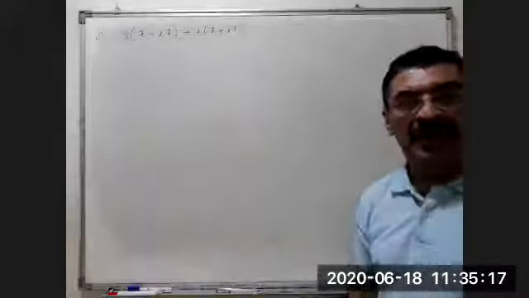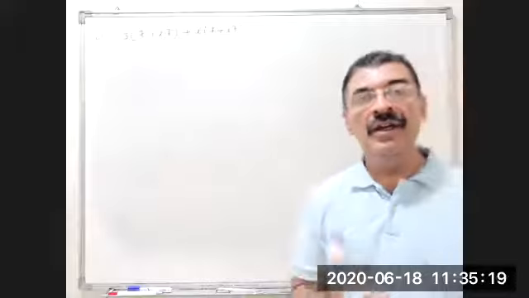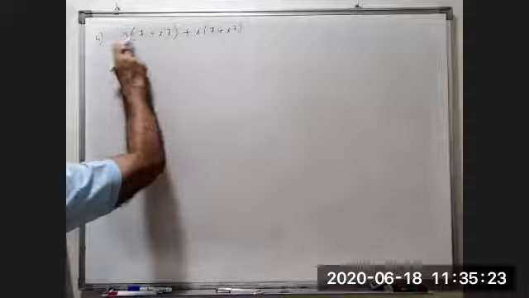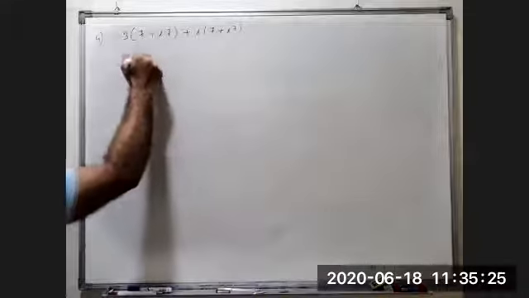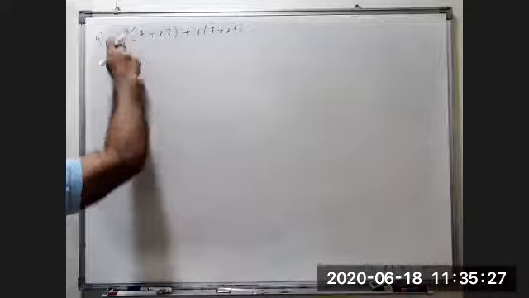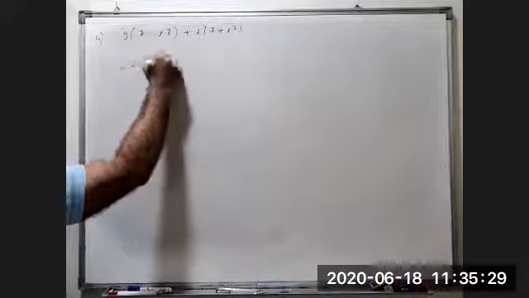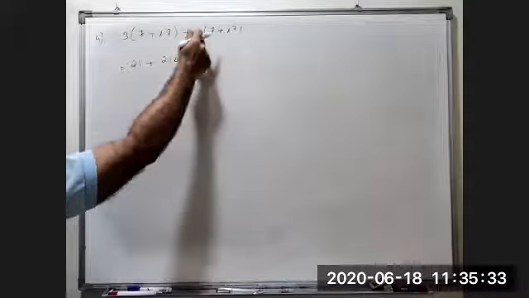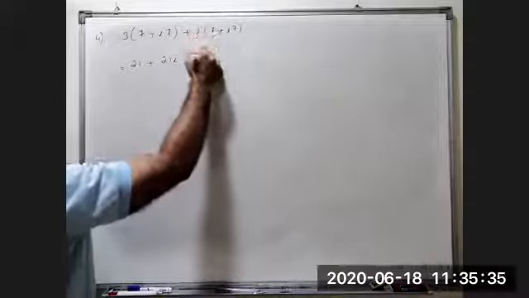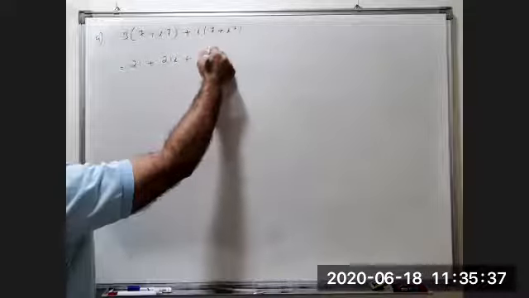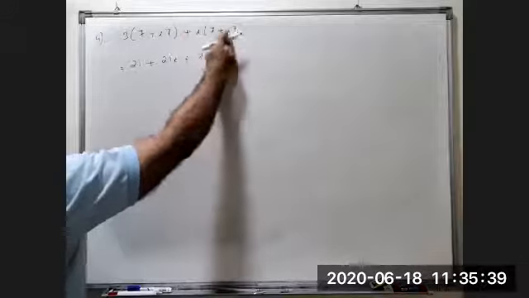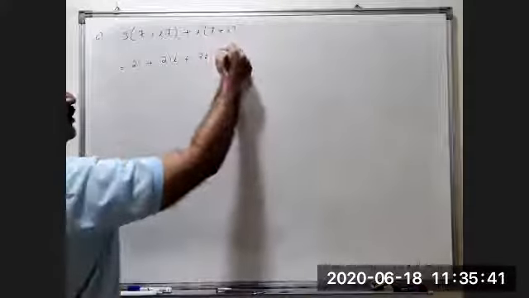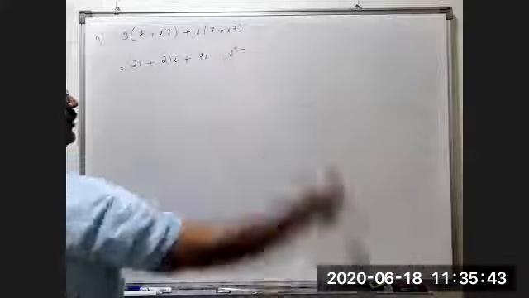Directly open the bracket. Whatever you get, then simplify. So directly opening, 3 into 7 is 21, plus 3 into 7I, so 21I, plus I into 7 is 7I, plus I into 7I is I square into 7.